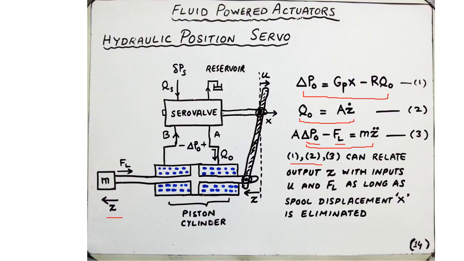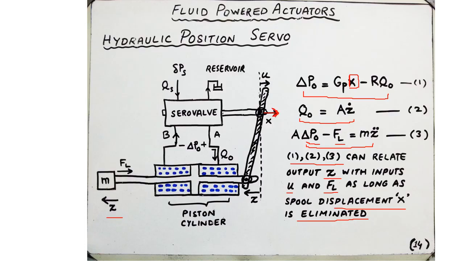And these equations can help us relate the output Z with the inputs U and FL, as long as the displacement X is eliminated. So the only problematic variable over here is X. So remember, X is the displacement of the spool of the servo valve.